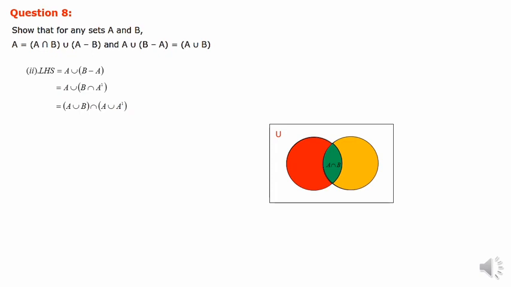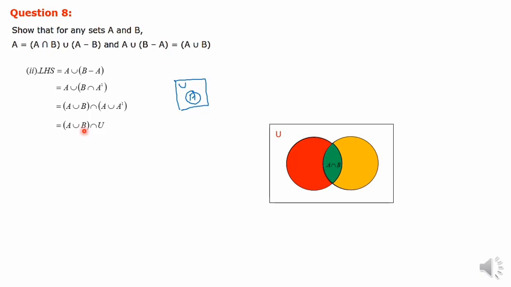Here, when we take a universal set, we can mark it as U, and one set, that is A. So the union of that set A and its complement, which is outside of this circle, together with the A circle is clearly the rectangular portion. Rectangular portion means this is U.